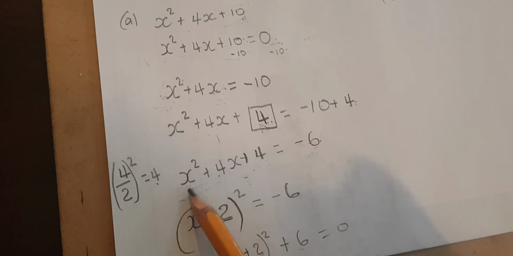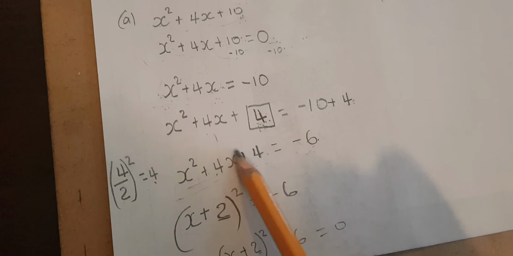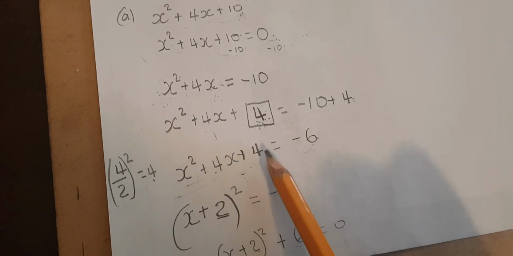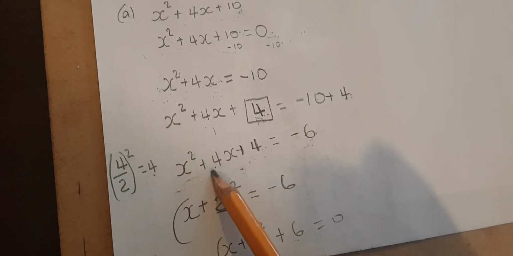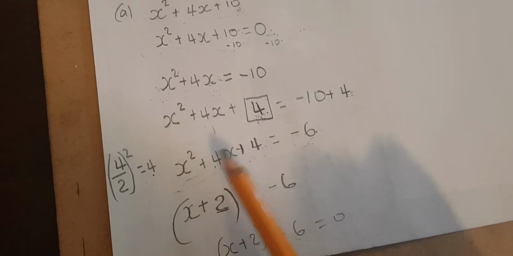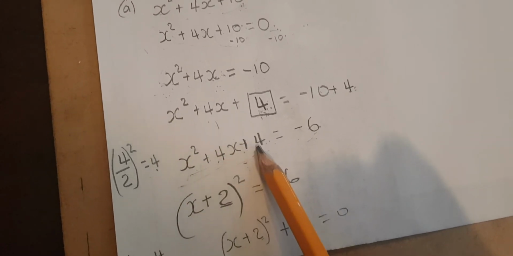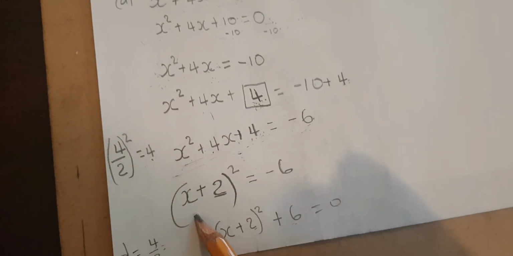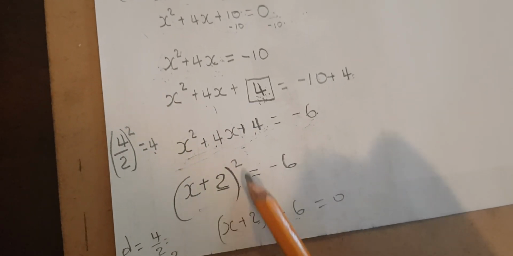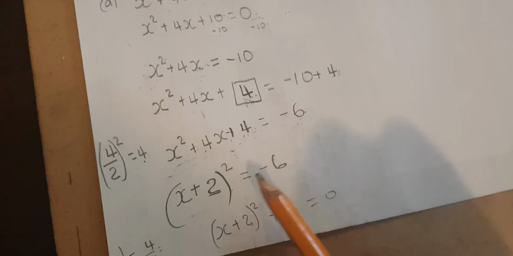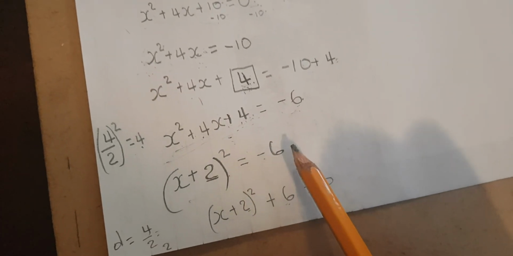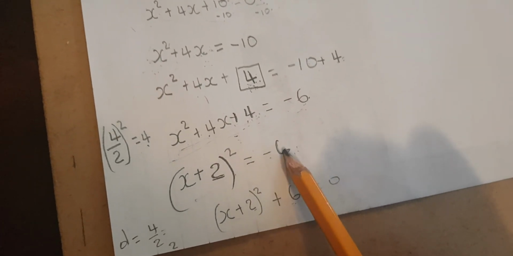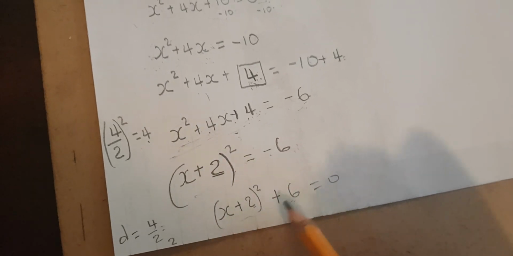Now we have a perfect square trinomial. This is a perfect square, this is a square number, this is also a square number. Once we have this, we write it as a binomial square. That is what we have right here. You could choose to leave the minus 6 over there, but we're going to take it back to have everything on one side.